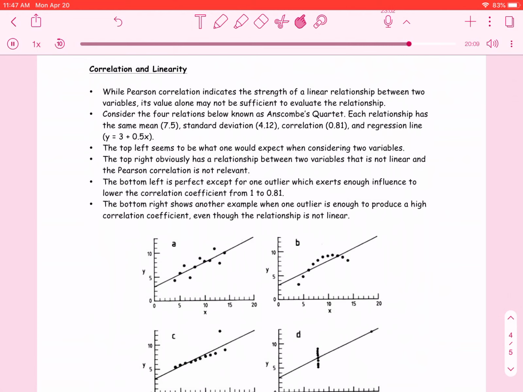It's determined through how we calculated r. Its value alone may not be sufficient to evaluate the relationship. Consider the four relations below known as Anscombe's quartet. Each relationship has the same mean, standard deviation, correlation, and regression line. We will talk about how to create that y equals mx plus b look of a regression line.